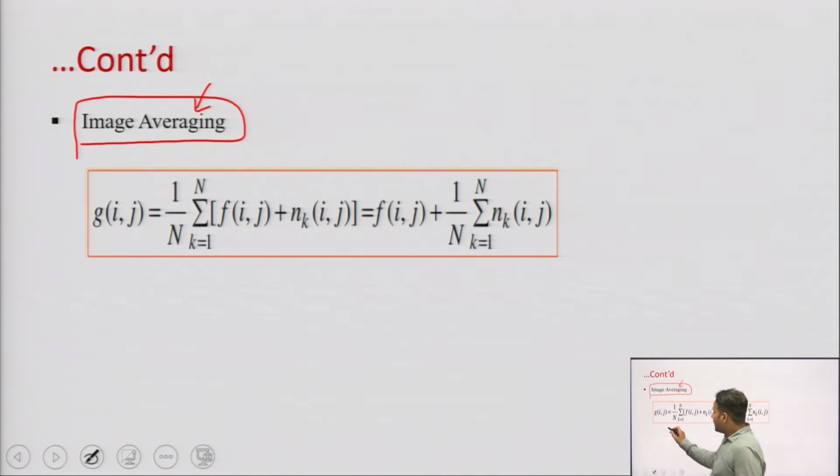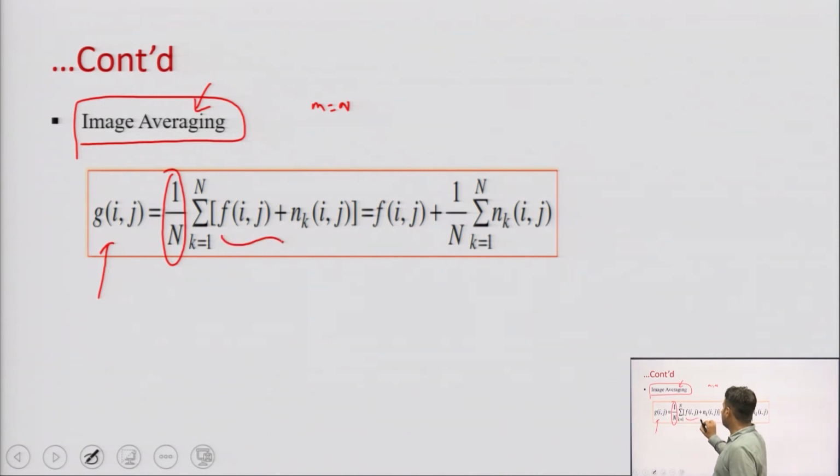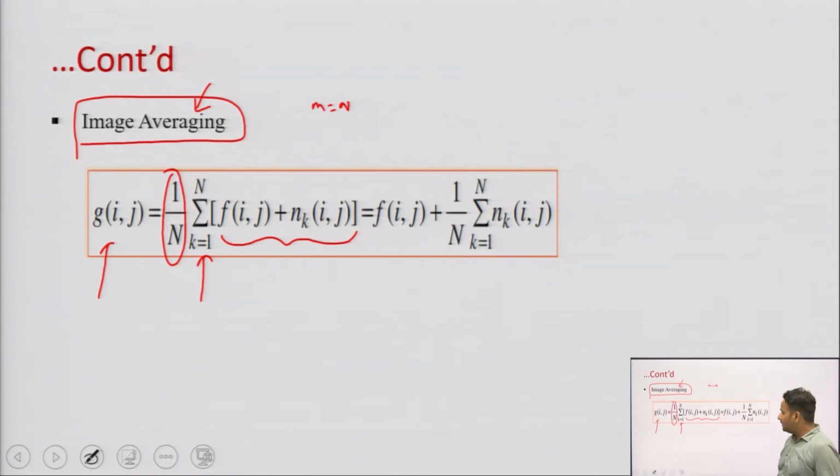If we have an enhanced image, g(i, j), then with m equal to n, 1 upon n times the summation of the pixel combined with the noise function, n_k(i, j), with the summation taken from 1 to n, will look like this.